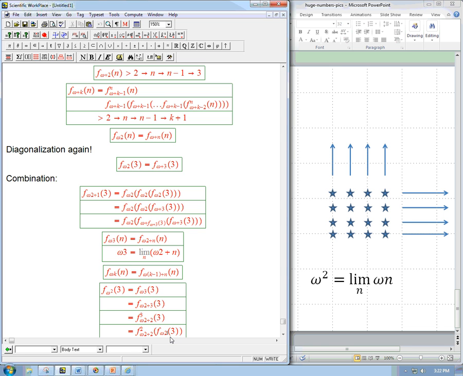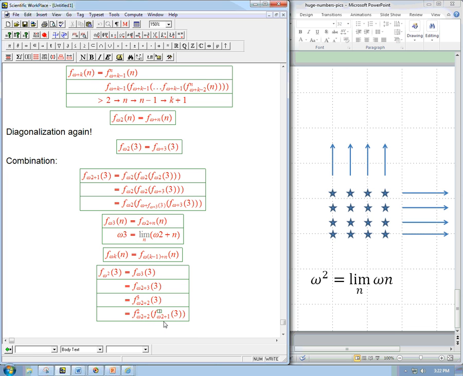And then I'm going to turn the last copy, the closest to 3, the first gets evaluated, into 3 copies of omega 2 plus 1. And so on. Eventually it'll get down to f omega 2, which is diagonalized in terms of f omega plus 3, and then f omega plus 2, f omega plus 1. And again, eventually it gets down to powers after an immense amount of time.